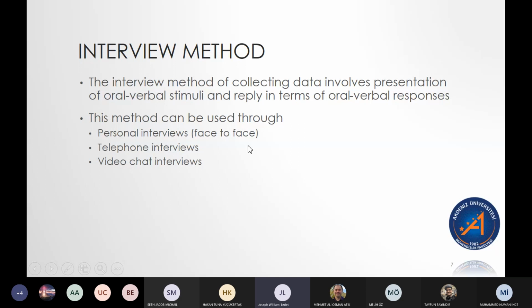So the interview method basically is you ask questions and get answers. This can be how we learn about side effects of medicine, right? If you've ever seen a medicine advertisement, it's like, oh, this medicine lowers cholesterol, but the side effects are lots of side effects, right?